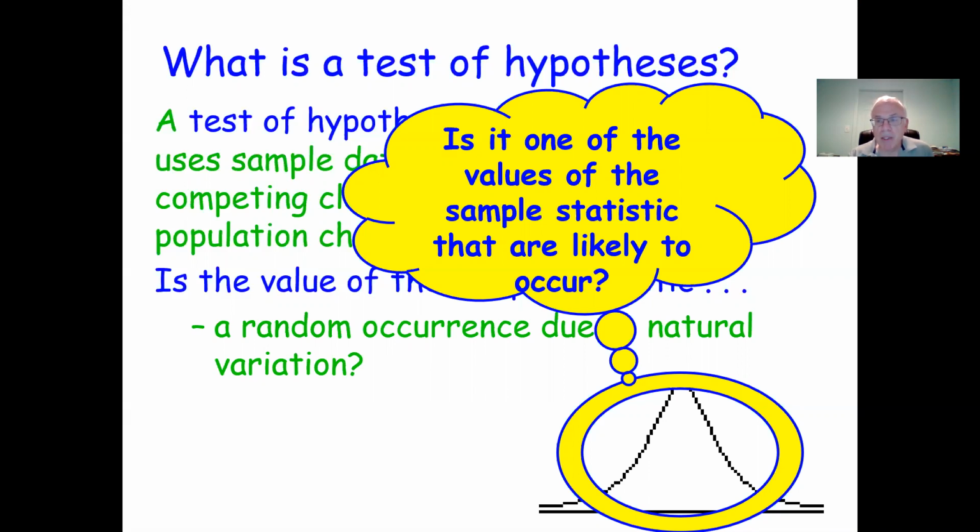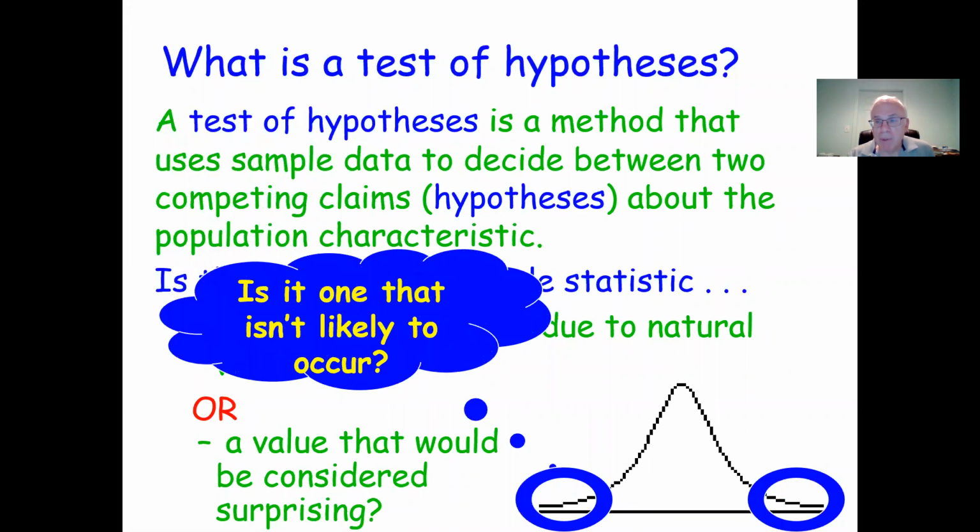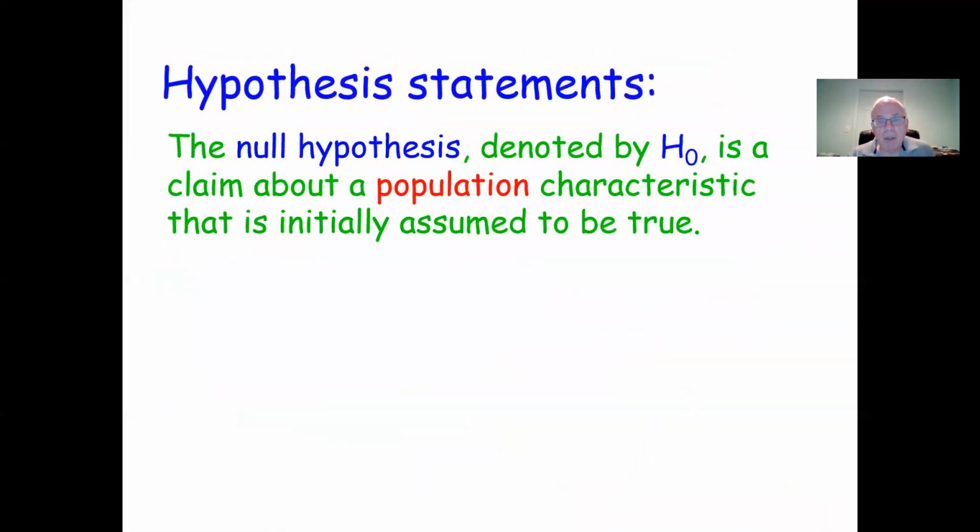Does it seem reasonable that there could be a natural random occurrence with the population characteristic being what it is? Or is the value that we got from the sample so different from the assumed value for the population that we come to the conclusion that the assumed value for the population is incorrect? It has to be something else. Okay. So it'll be clear in a minute what I mean by that.